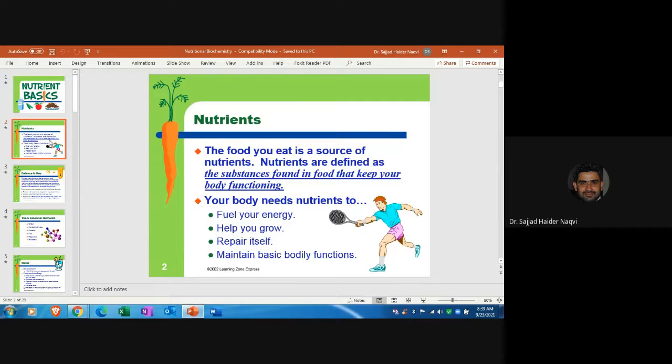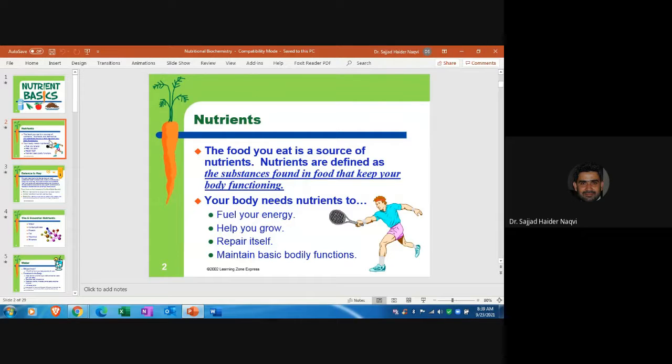The first thing that we're going to discuss today is what are nutrients? Nutrients can be defined as follows: the food you eat is a source of different chemical components, and these chemical components are termed as nutrients. So, nutrients are the substances found in your food that keep your body functioning.